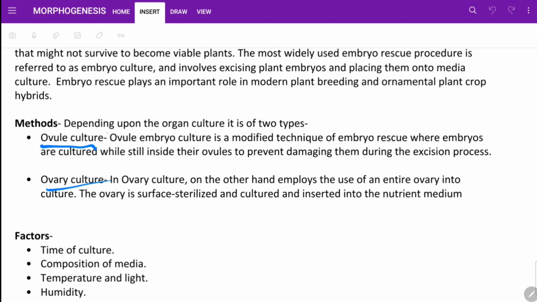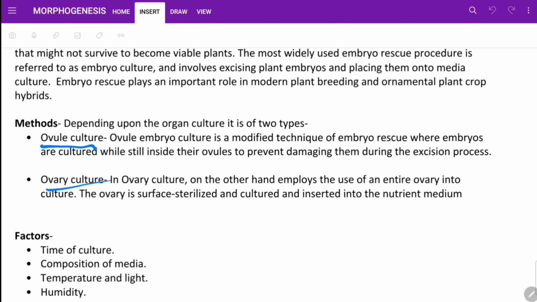So what is ovule culture? Ovule embryo culture is a method or technique of embryo rescue where embryos are cultured while still inside their ovule to prevent damaging them during the excision process.